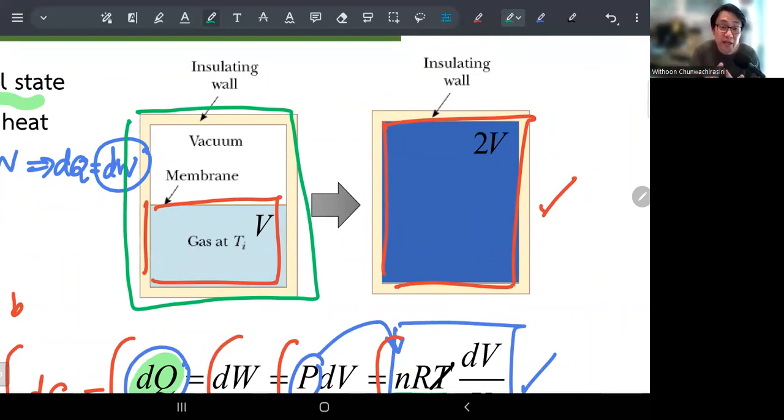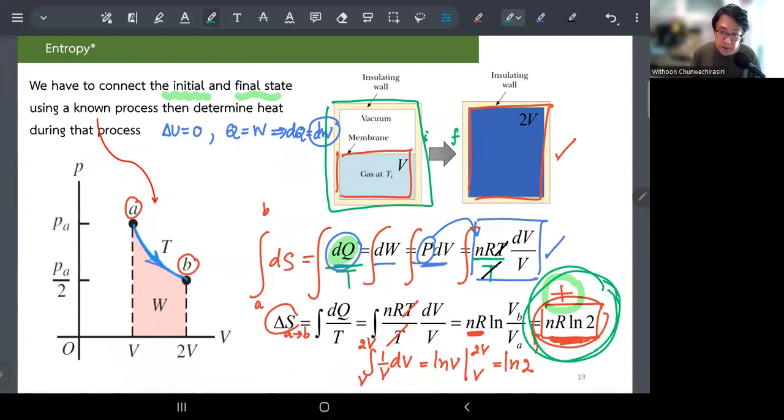You do not have any interaction with the rest of the world. So this is a very isolated system, very nice. Going from the initial point to the final point, the gas expands. You calculated your entropy change and you got a positive change in the entropy inside this universe. So the conclusion from this is this process is irreversible.